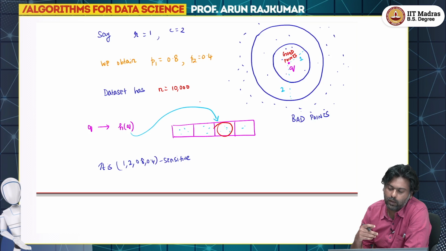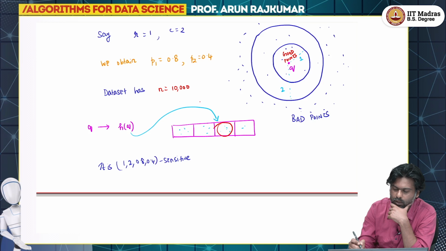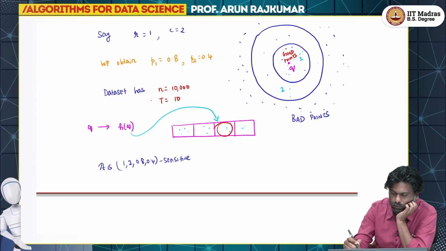Now we should also define how many near points there are for Q. Let's say T is just 10, where T is the number of good points with respect to the query.